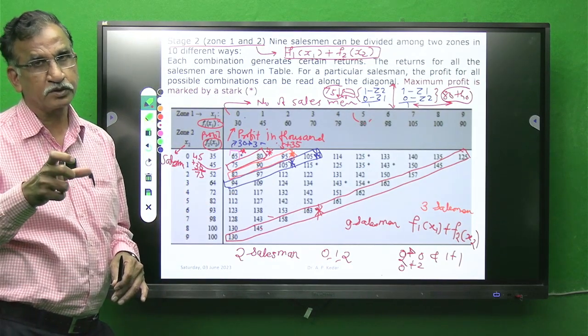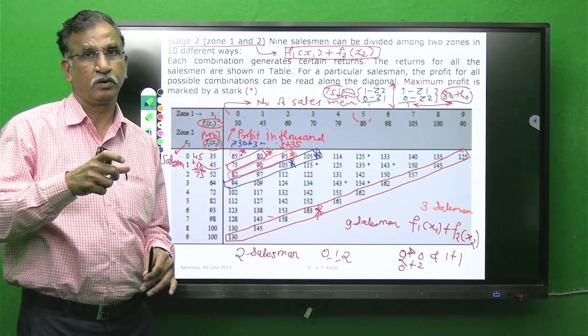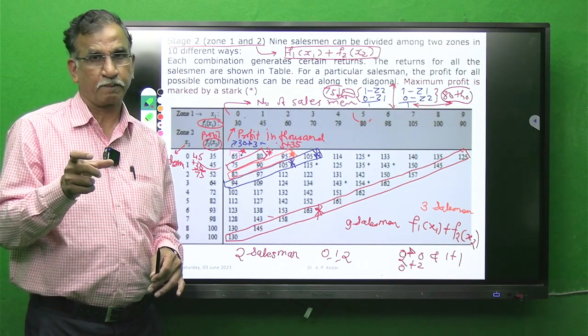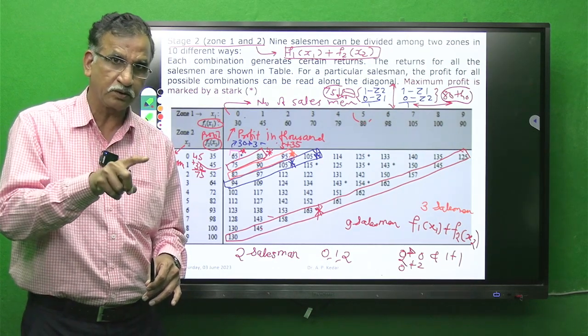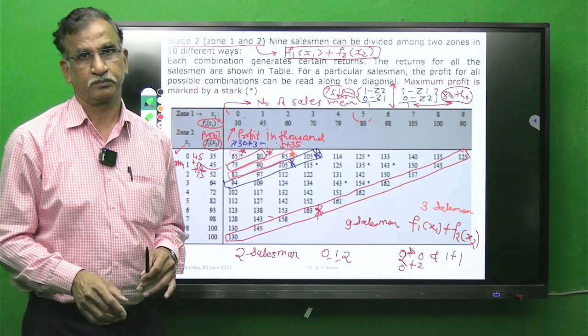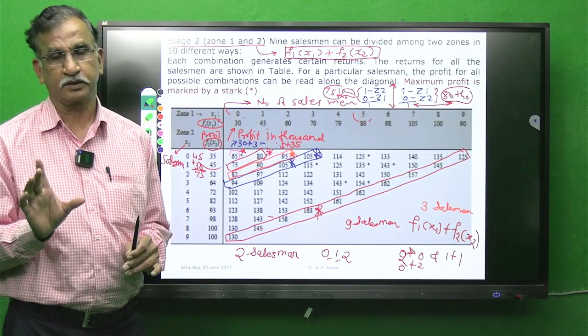Then we will have the combination of salesmen of combined zone 1 and 2 with zone 3. I think now you are getting it.